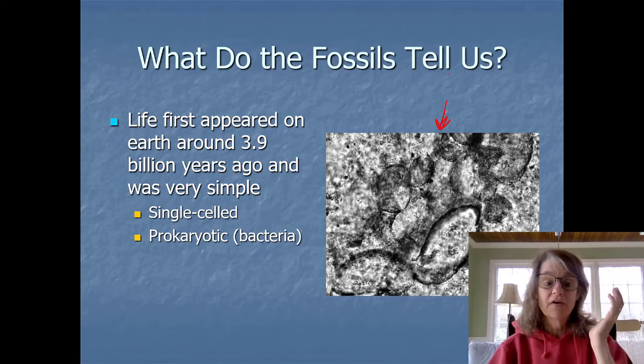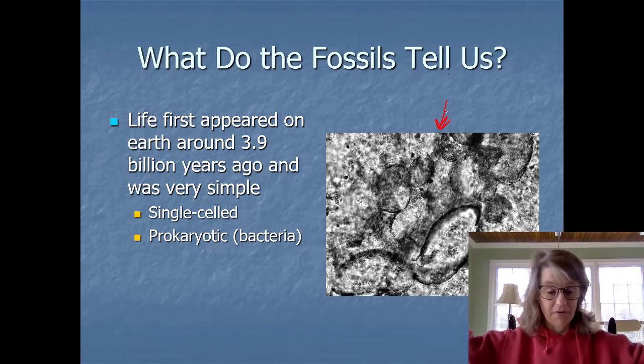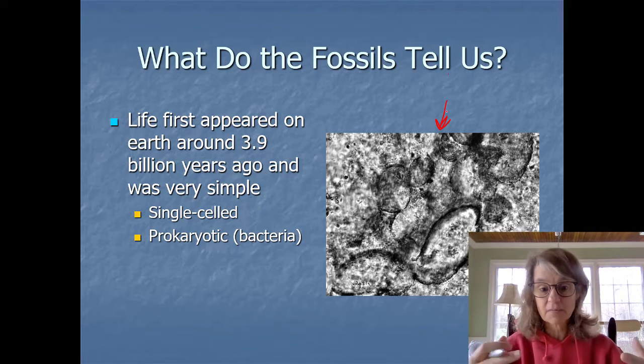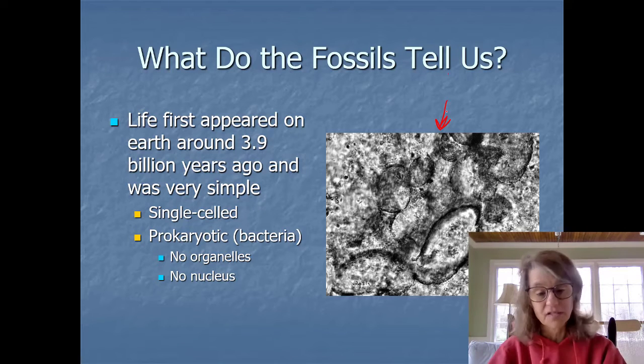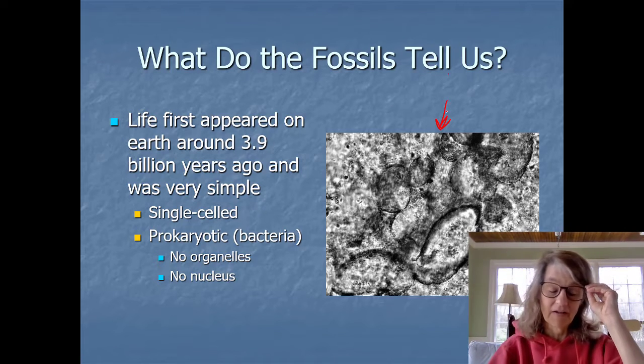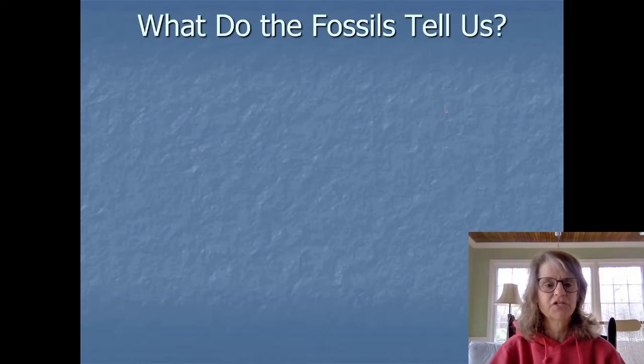First life was very, very simple. That makes sense. You don't start with the most complex, you start with simple and build up. So these first cells had no organelles, no nucleus, just like as we have learned about prokaryotic life forms all this year.